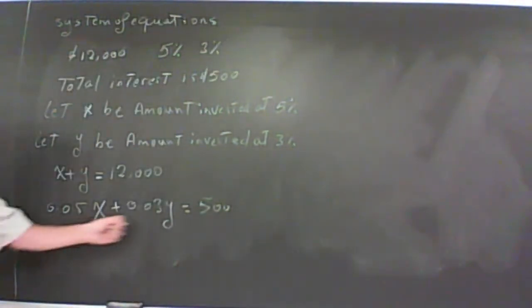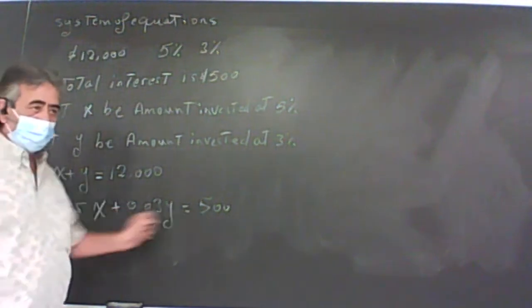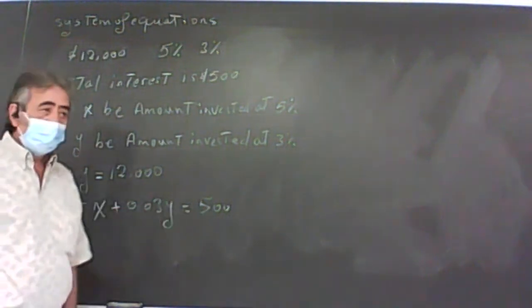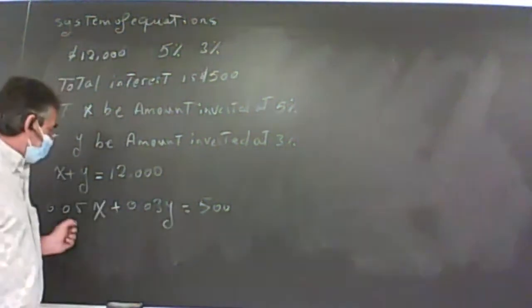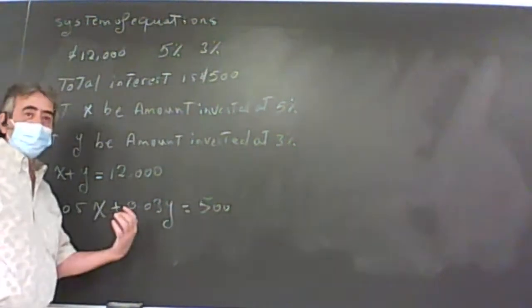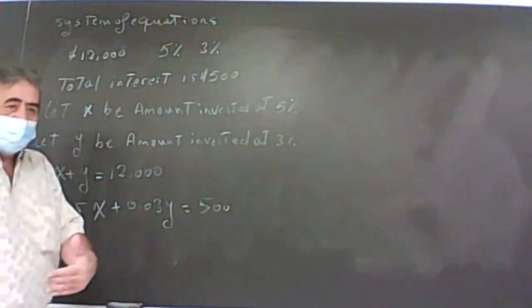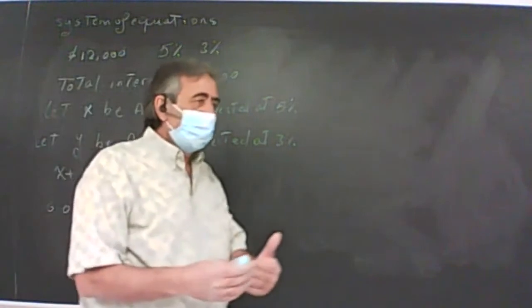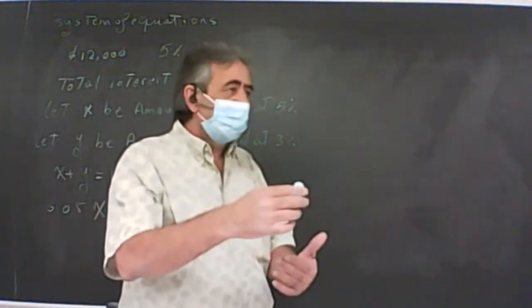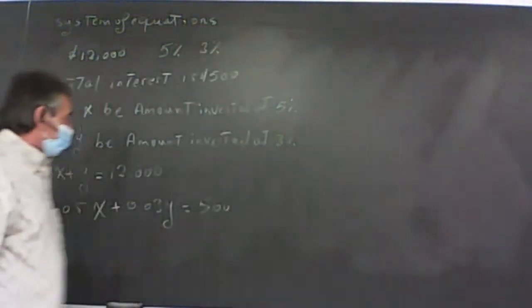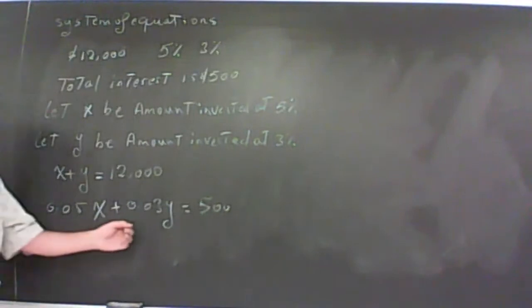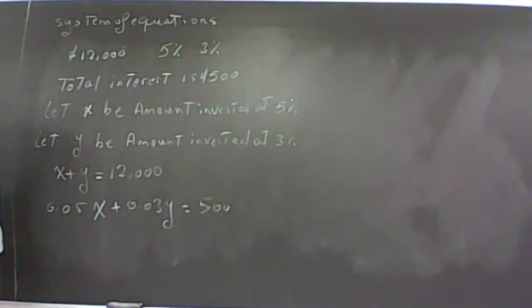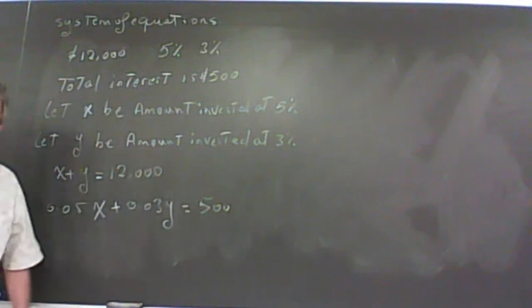If you don't like decimals in your equation, you can simply multiply by a number that will remove the decimals. Every time I multiply by a number with a zero, I move the decimal once to the right. How many times do I need to move the decimal to get rid of all the decimals? 2 times, so I'm going to multiply everything by 100.